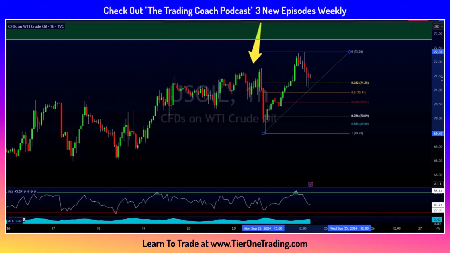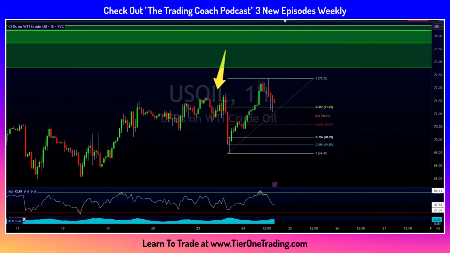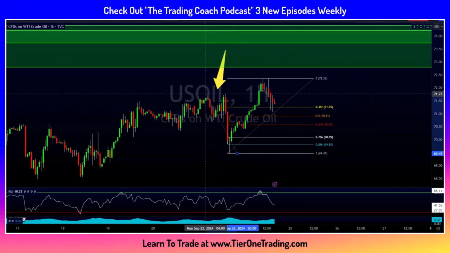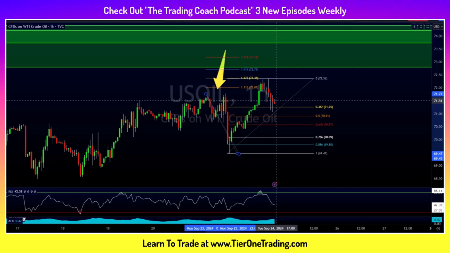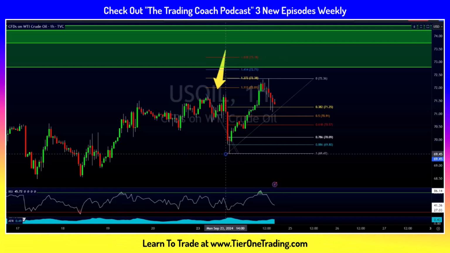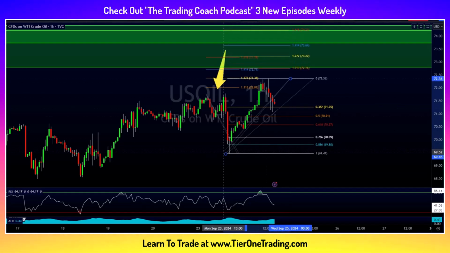Now, to dial down on these targets, because these zones are pretty big here, we did two things. One, we took a Fibonacci inversion from our swing low to swing high backwards like this at the time because this pullback didn't happen. So this was the only option that we had. We had a nice 1618 Fibonacci inversion right there at 73.18. And then what I did later, a few minutes ago before recording this, was I finally took our Fibonacci extension from our swing low to our swing high up here, the traditional way we would use it.